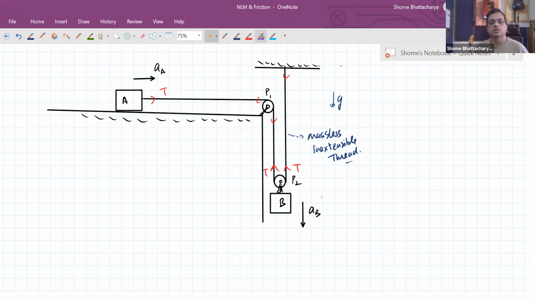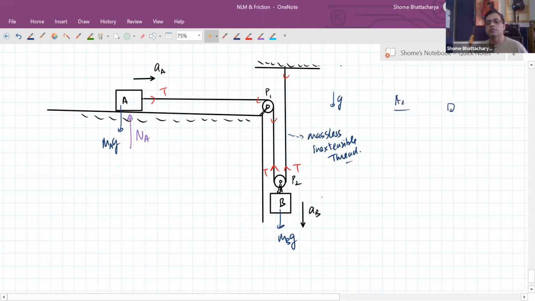There is some kind of a normal reaction acting on A, and obviously there are the weights of the two blocks. If you look at A's free body diagram, we have a single tension and its weight. The important thing for us is that the acceleration of A will come from that tension.